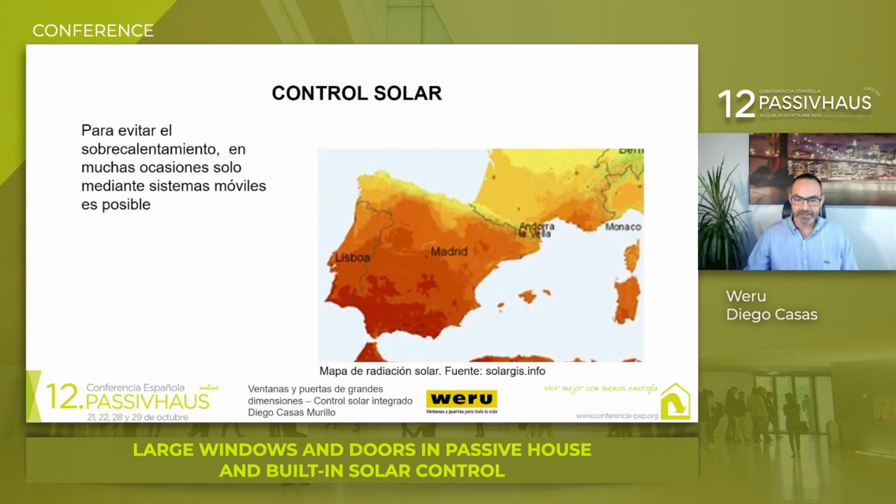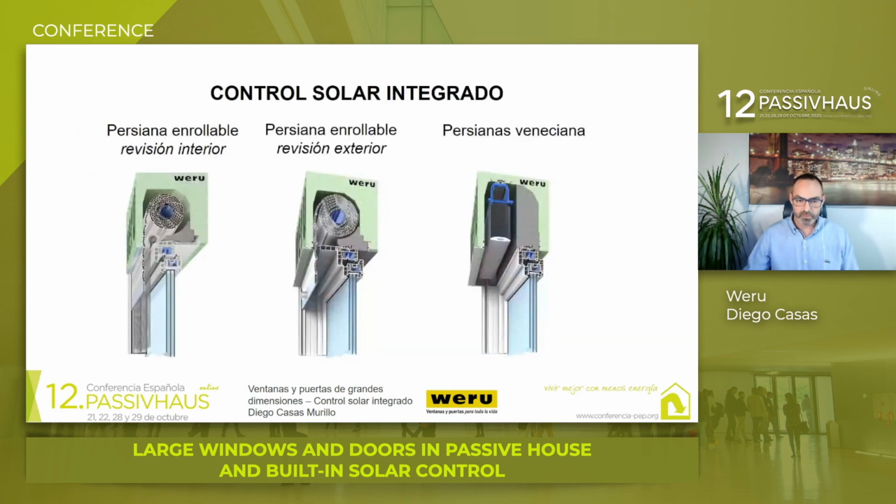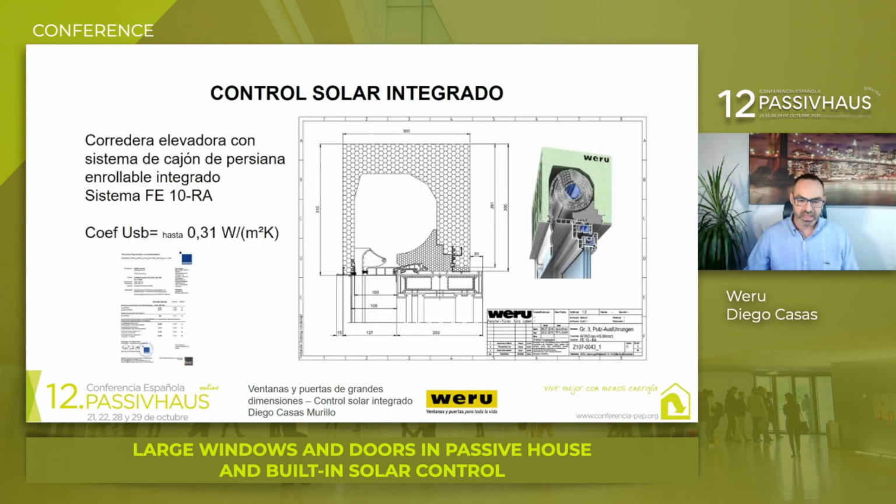In terms of solar control, given the solar radiation in Spain, we often have to use mobile solar protection systems. We offer various systems, both rolling shutters or blinds and Venetian blinds with internal and external inspection to provide different solutions.